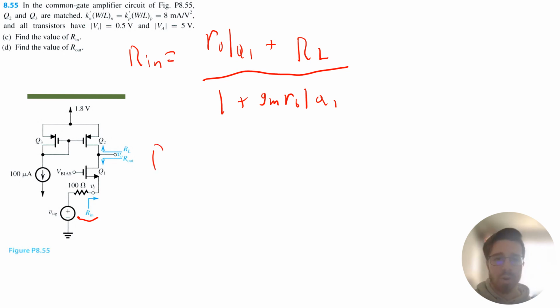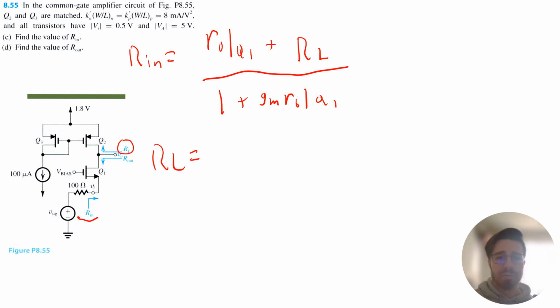But what is RL? Well, RL is just any load resistance. And you can see it's also denoted here, RL. And you can see RL is looking at Q2, which makes sense because Q1 is in cascade with Q2, meaning Q1 is loaded with Q2.